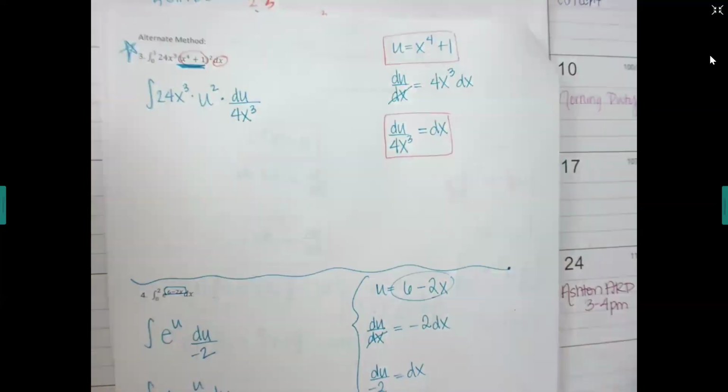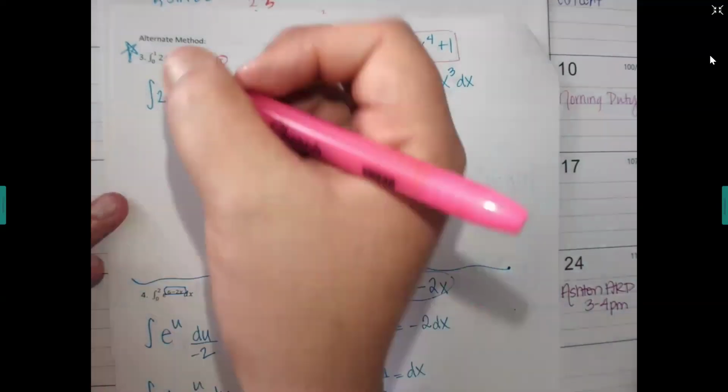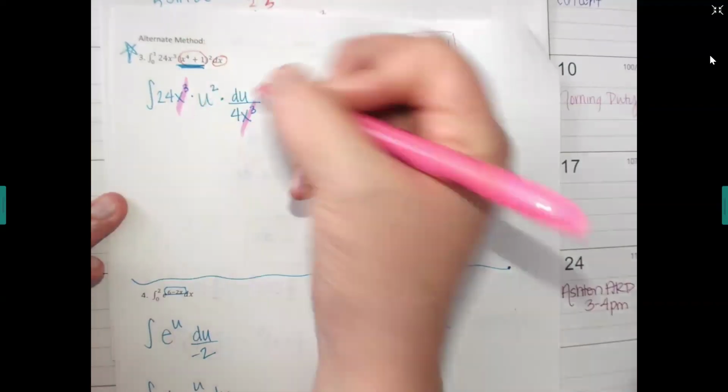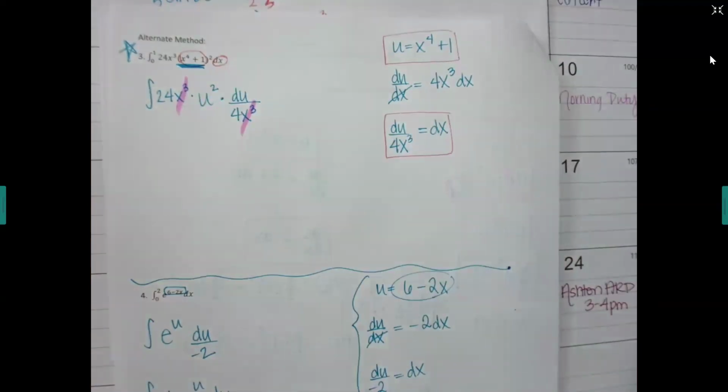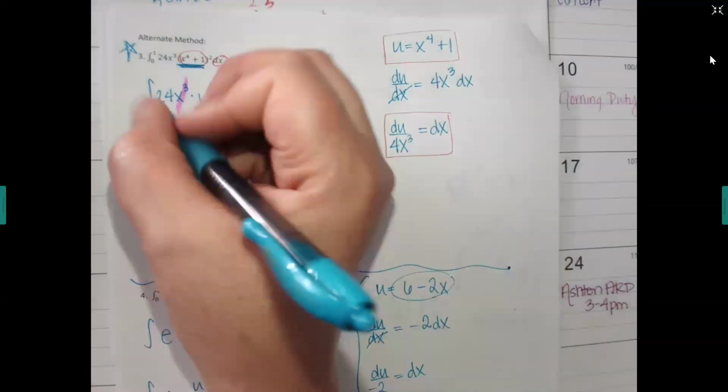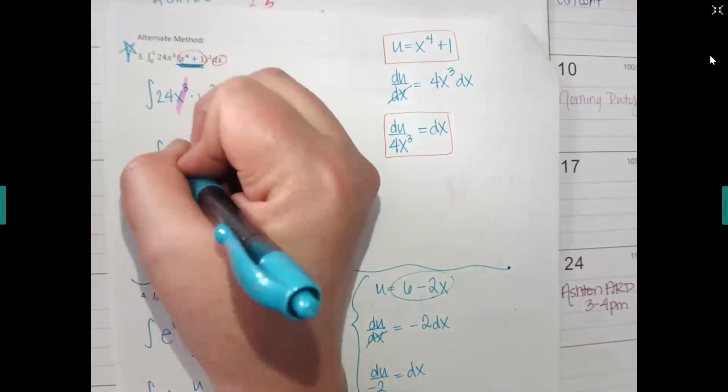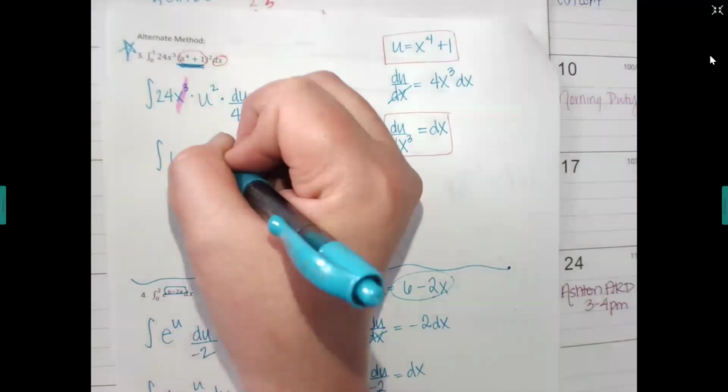What has to happen in this step to your x's? They have to cancel out, which they do, because I have an x cubed on top and an x cubed on bottom. Then out of the numbers that are left, what's 24 divided by 4? So this is really a 6u squared du.